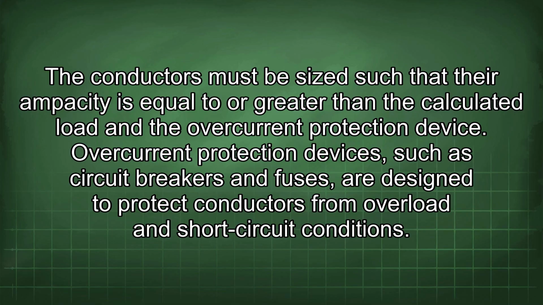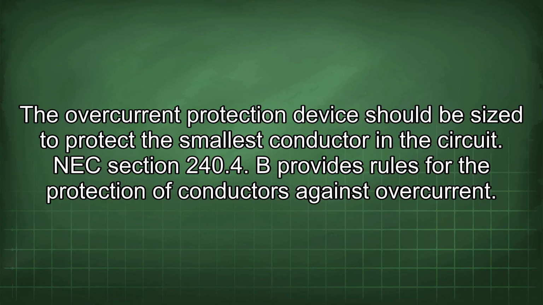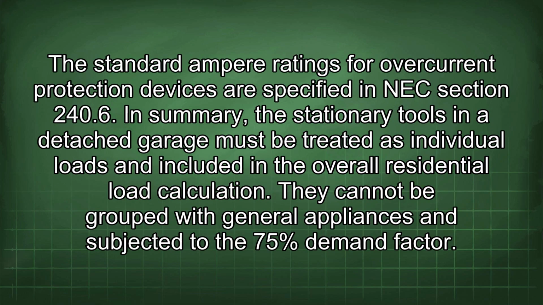Overcurrent protection devices, such as circuit breakers and fuses, are designed to protect conductors from overload and short-circuit conditions. The overcurrent protection device should be sized to protect the smallest conductor in the circuit. NEC Section 240.4(B) provides rules for the protection of conductors against overcurrent. The standard ampere ratings for overcurrent protection devices are specified in NEC Section 240.6.